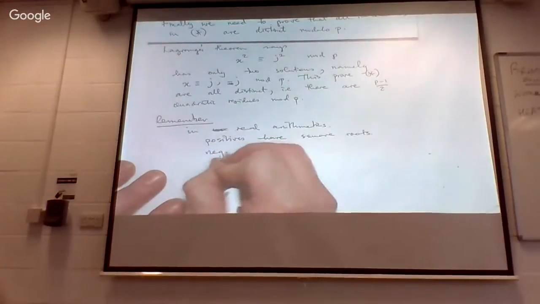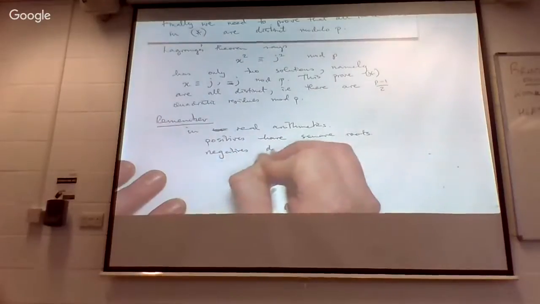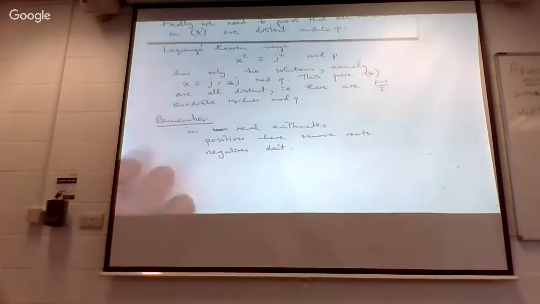Negatives don't. That's something you're familiar with, just in real arithmetic, normal multiplication of real numbers. We recognize the things that have square roots, they're positive numbers, negative numbers don't.